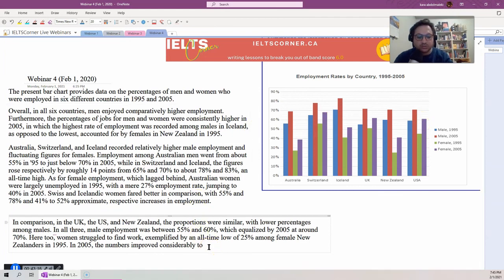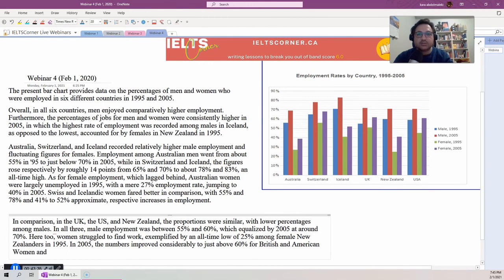To just above 60 for British and American women, and above 40 for New Zealander females. Yeah. So that would be our full essay.